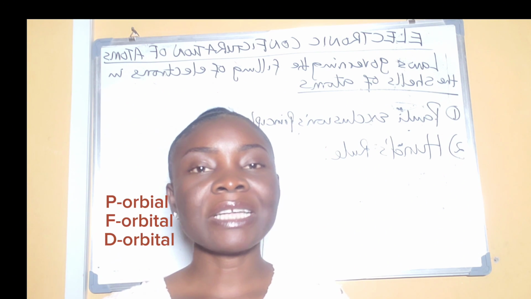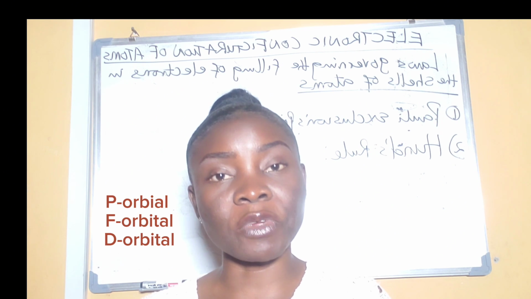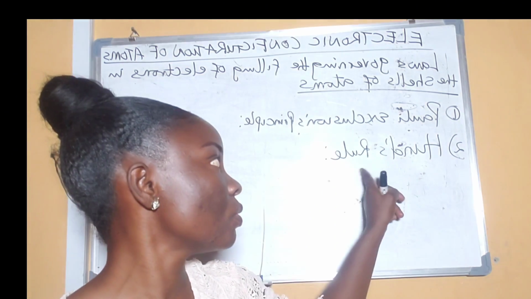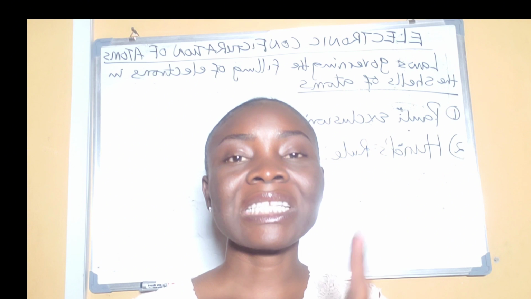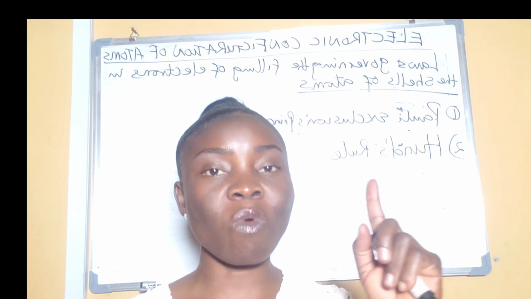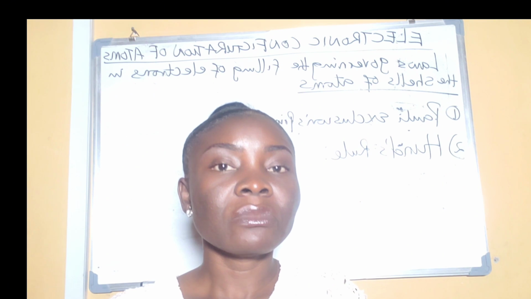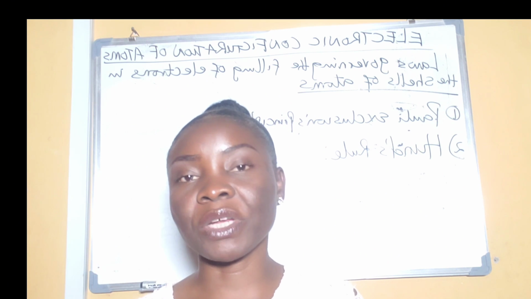So when you are putting electrons into these degenerate orbitals, orbitals of equal energy, you have to take this rule into cognizance. You must fill them singly first. That means you give each of those degenerate orbitals one electron each. Then if you still have electrons left, you can start pairing them.